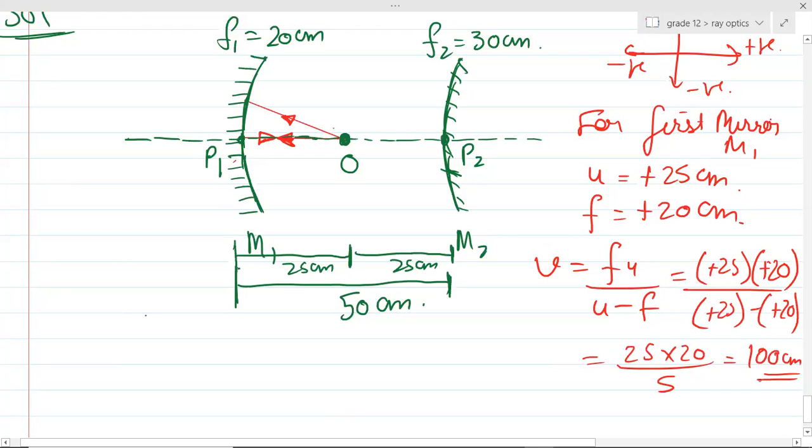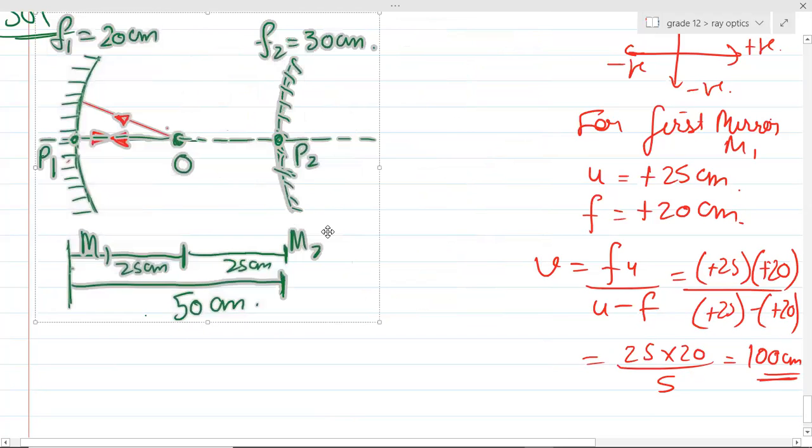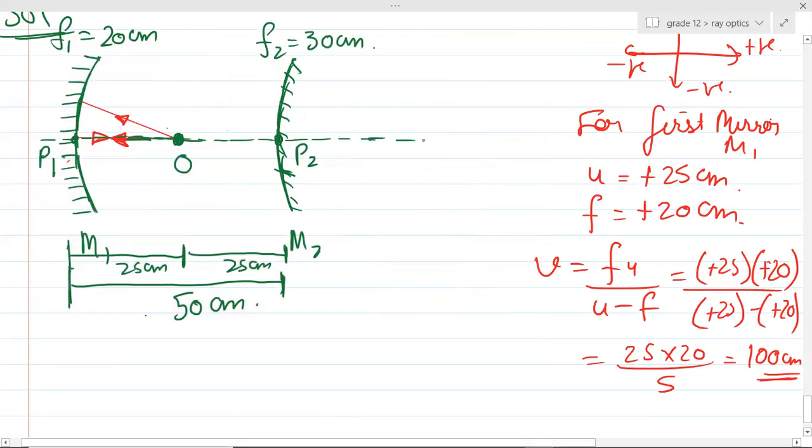Can you see, guys, this thing which you are getting is positive. That implies where will the image form? The image will be formed at 100 centimeters.